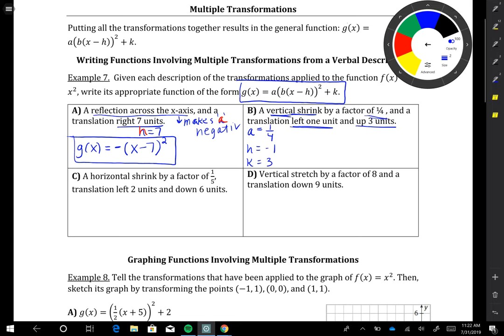So plugging this into our general equation, g of x equals our A value, which is 1/4, parentheses, B, but because we're not given a B, it's just going to be 1. So then we do x minus h, which would change to x plus 1. Close your parentheses, put your squared, and then plus k, so +3.